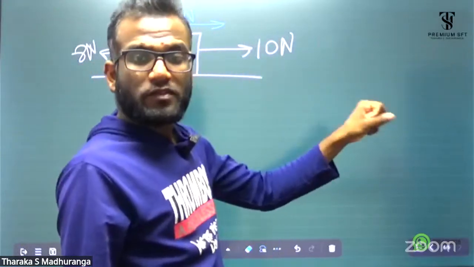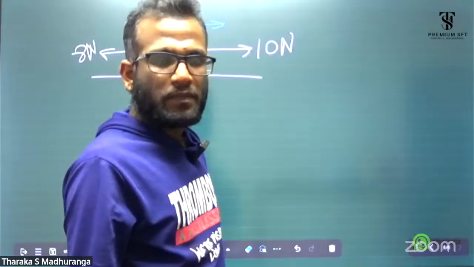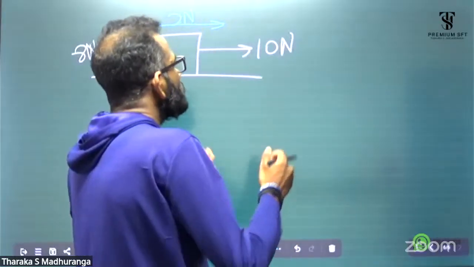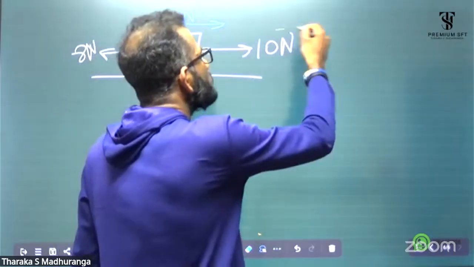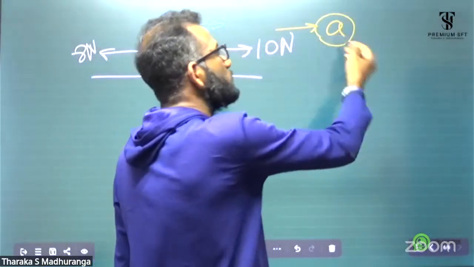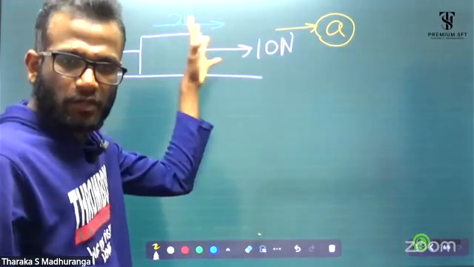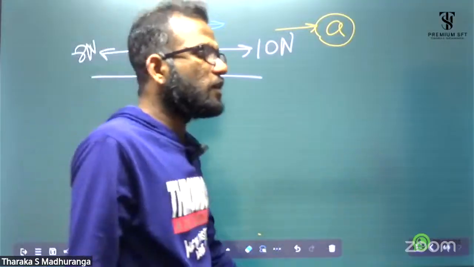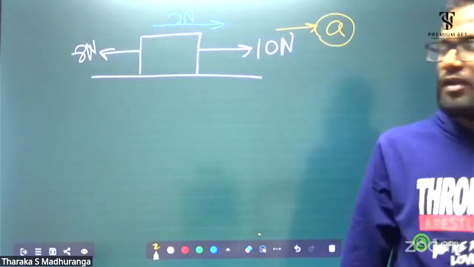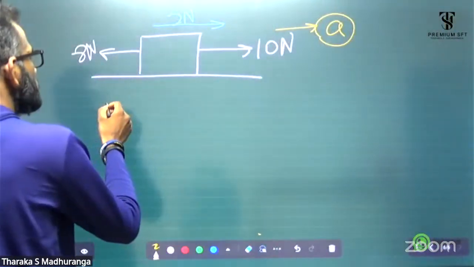Now, the object is always accelerating. If there is an unbalanced force acting on any object, the object always accelerates in the direction of the unbalanced force.